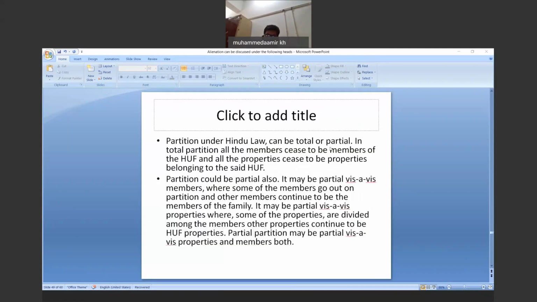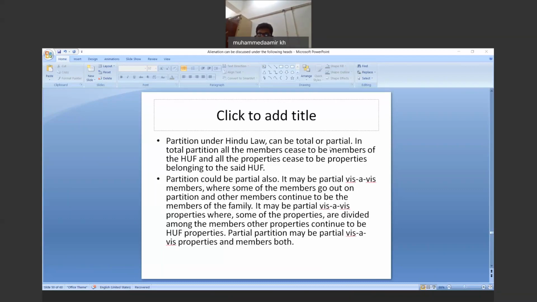When we talk about partition, as I told you, there can be total or partial partition both. In total partition, we know that all the members cease to be members of the Hindu undivided family, and all the property ceases to be property of the Hindu undivided family.